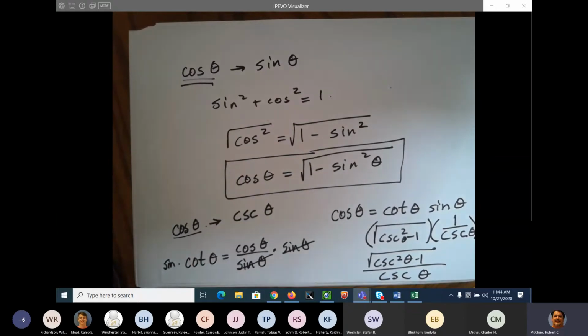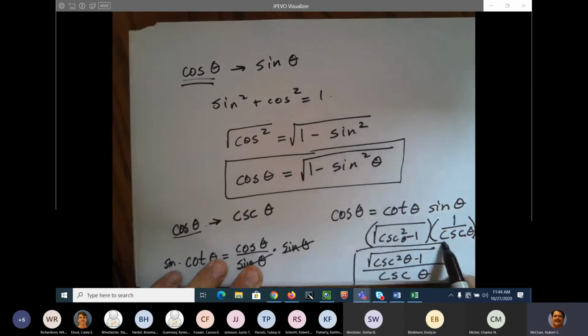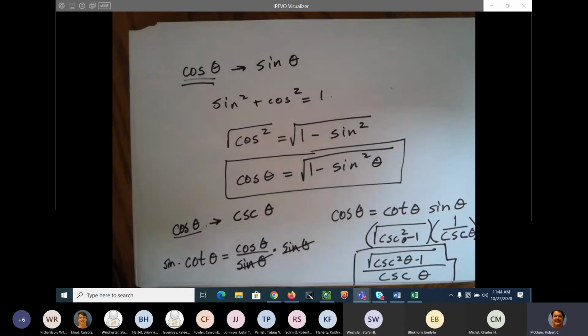Okay, now this one, the second one, I had to actually work on it because it doesn't hit you in the face like some of these other ones.